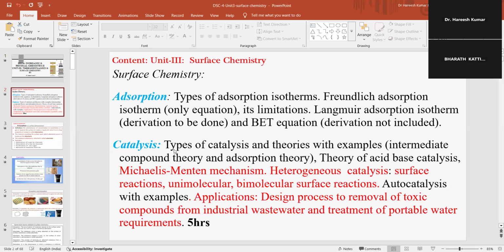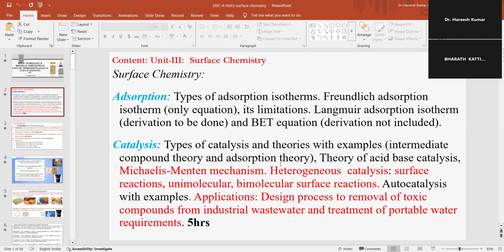Then we'll move to the catalysis. What is catalysis? Its role in unimolecular, bimolecular, and more particularly types of catalysis. There are two types, homo and hetero catalysis.